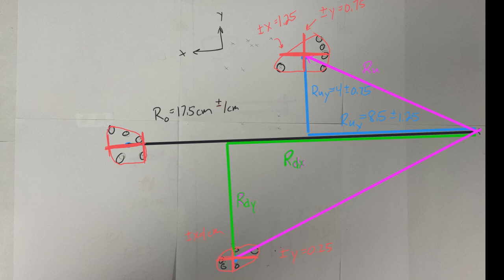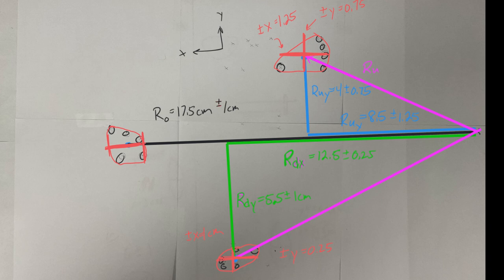R down in the y direction is 5.5. And the x direction, 12.5. But it's 12.5 plus or minus 0.25, and it's 5.5 plus or minus 1 centimeter.